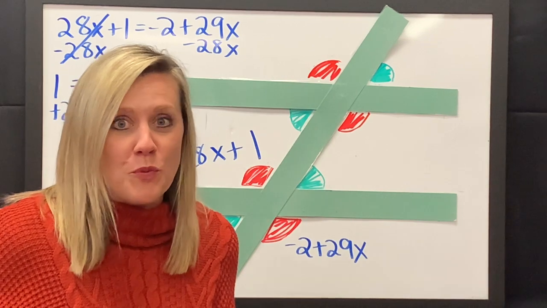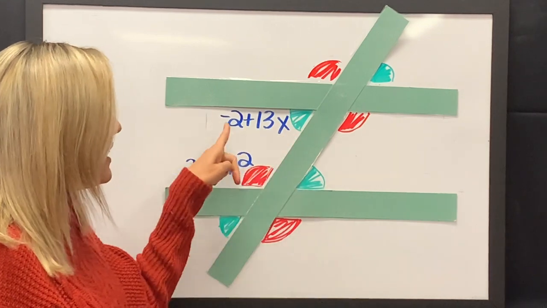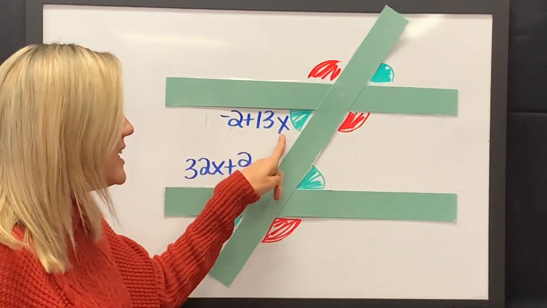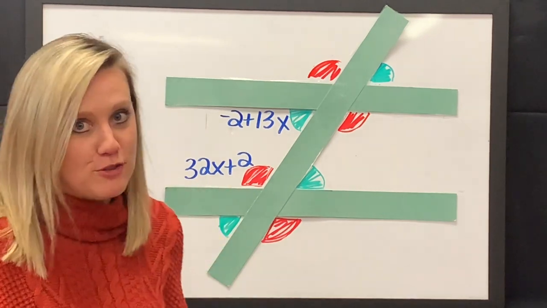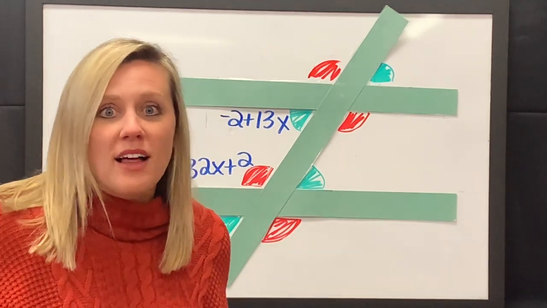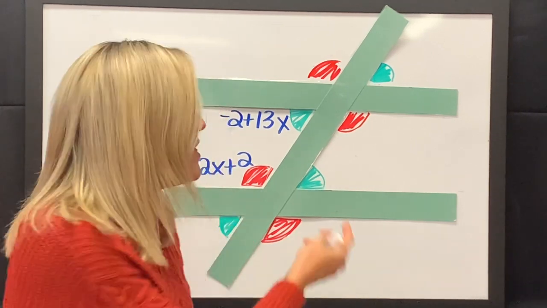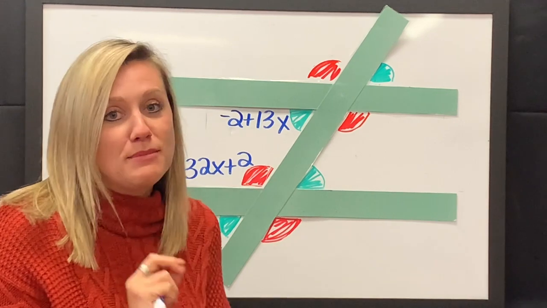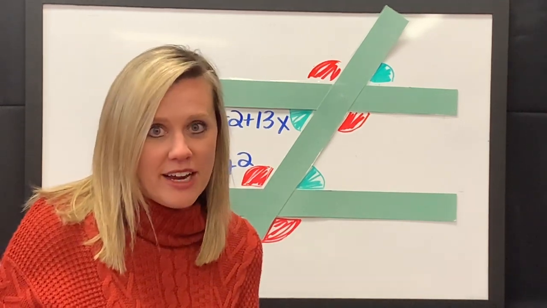Okay, we are going to do one more problem. So here we have this angle being -2 plus 13x, and here we have this angle being 32x plus 2. So the first thing to realize is these angles are not congruent to each other. They are actually called same side interior angles or consecutive interior angles.